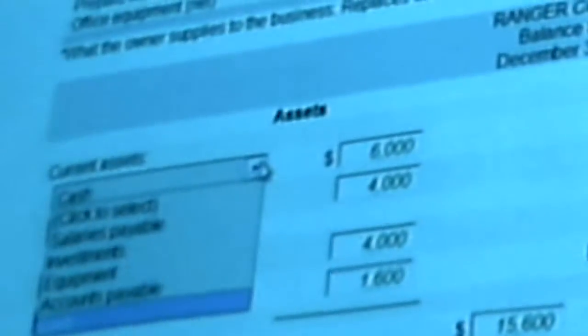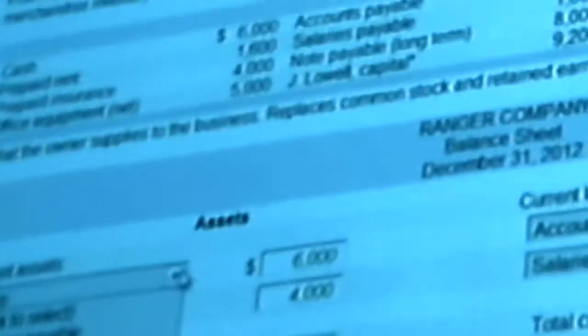That's long-term or fixed. The prepaid insurance? Oh, no. It's not up there. Sorry. Payable. If it isn't payable, it is a liability. If it is the word prepaid, it is an asset. Prepaid.